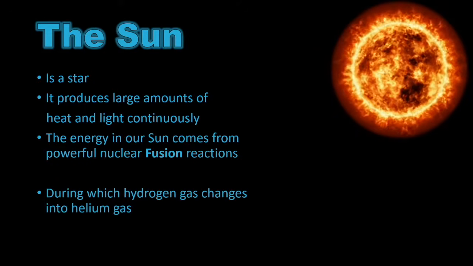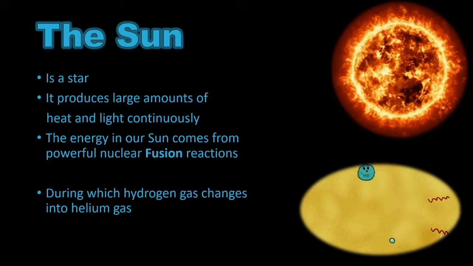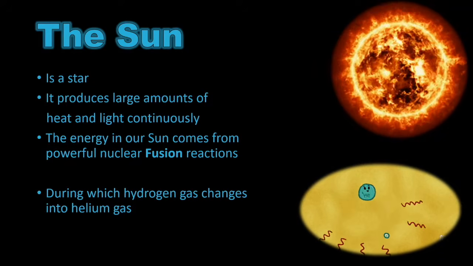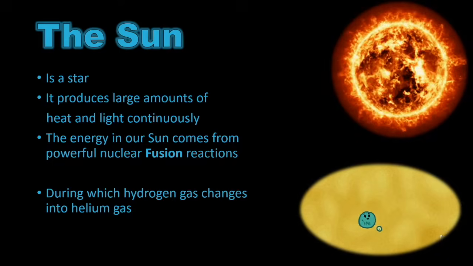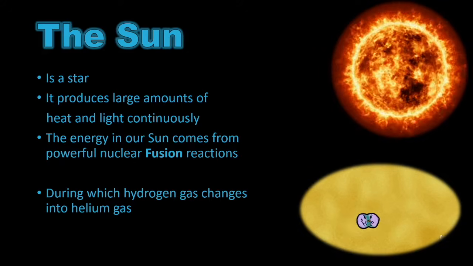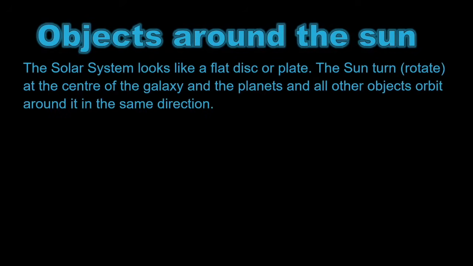During this reaction, hydrogen gas is changed into helium gas. Two hydrogen molecules are fused together to form helium. And as that reaction takes place, it releases large amounts of energy in the form of heat and light.